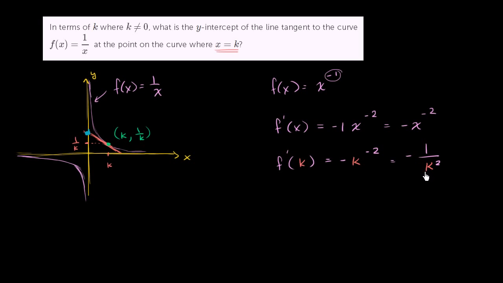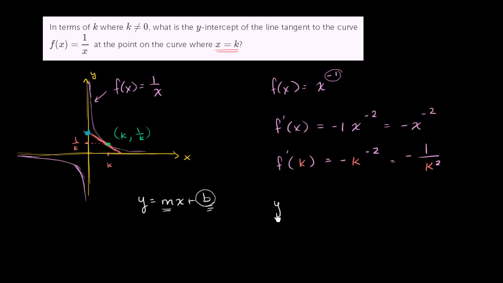So this right over here is the slope of the tangent line at that point. Now let's think about what the equation of the tangent line is, in slope-intercept form. We know the equation of a line in slope-intercept form is y is equal to mx plus b, where m is the slope and b is the y-intercept. So if we can get it in this form, then we know our answer. We know the y-intercept is going to be b.